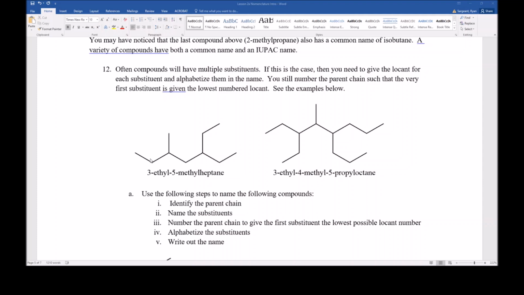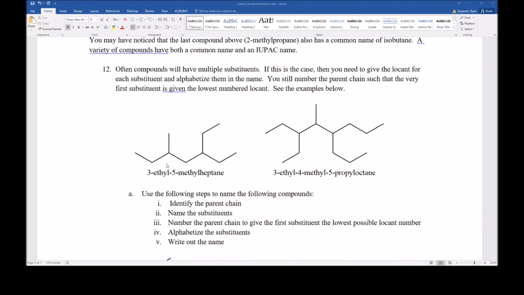You could also have a parent chain that goes up top. It'd give you the same 7 carbons. But to stay left to right, to keep life simple, I'm just going to call this my parent chain. When I number this with the number 1 carbon right here, I encounter substituents at the 3 and the 5 position. If I call the other end the number 1 carbon, I still encounter substituents at the 3 and the 5 position.